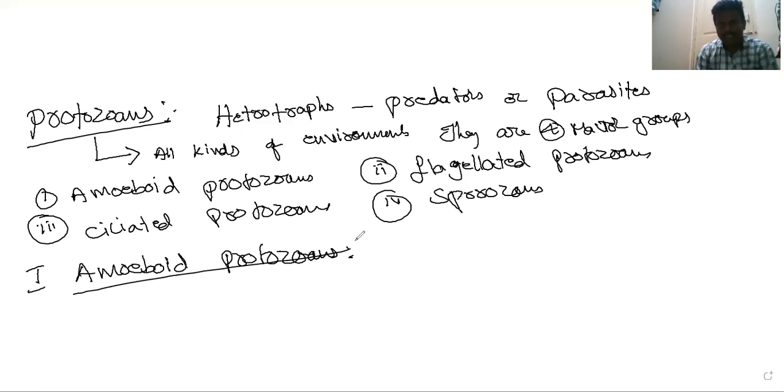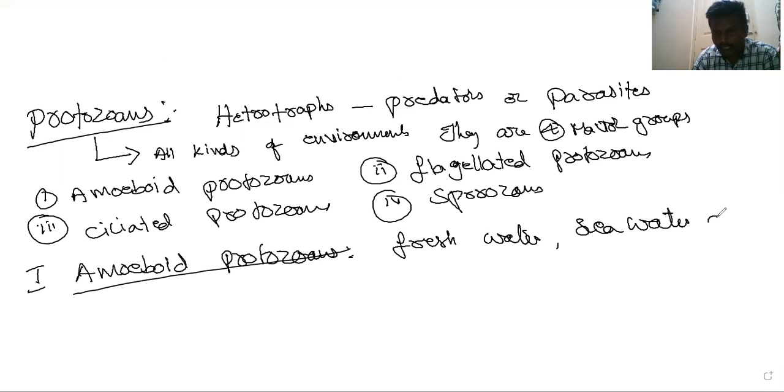Amoeboid protozoans can be found in fresh water, sea water, or moist soil. They don't have any definite shape.